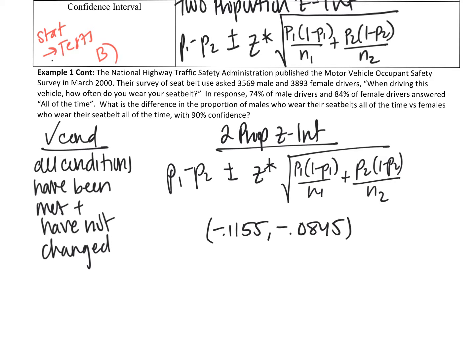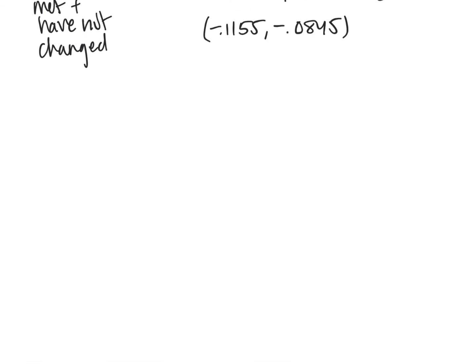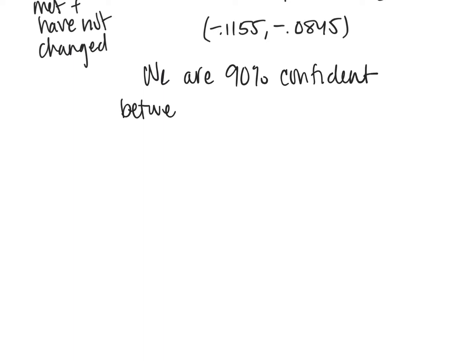And since these are proportions, we do want to make sure that we interpret this correctly, so pay attention to the interpretation here. It's pretty important, and it is that we are 90% confident between 8.45% and 11.55% fewer.